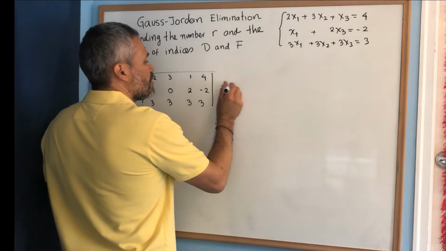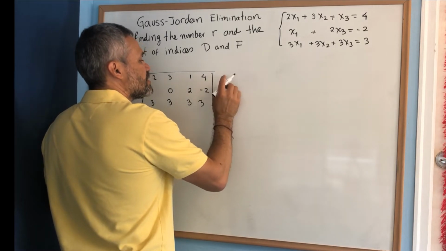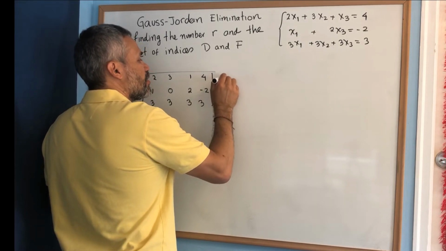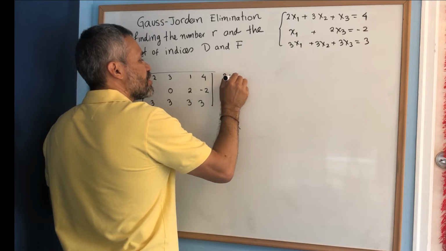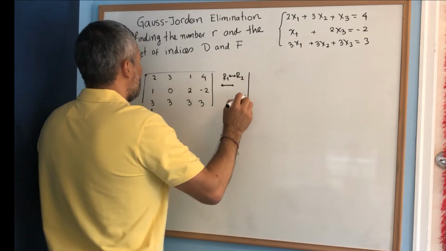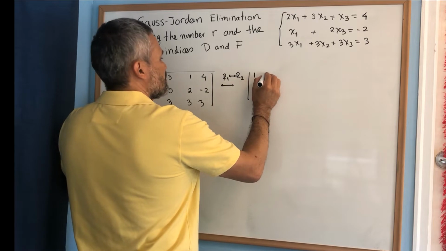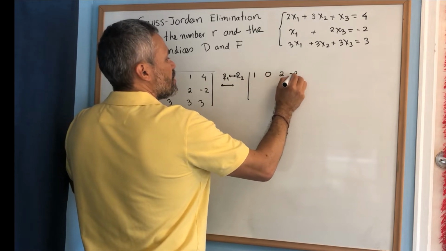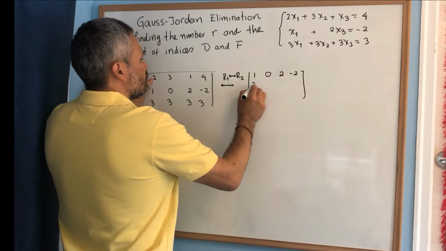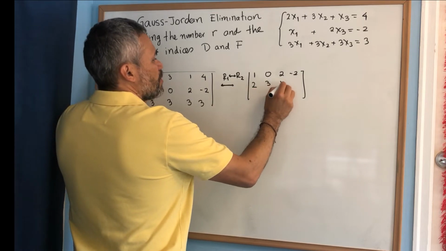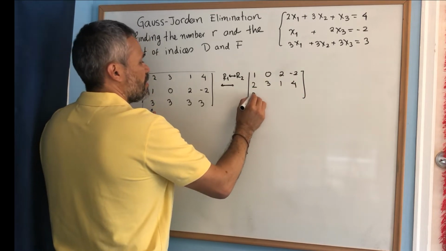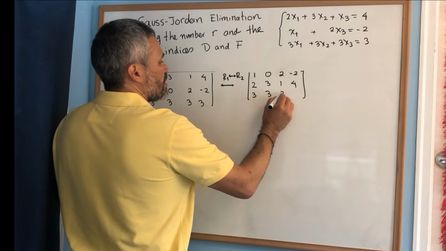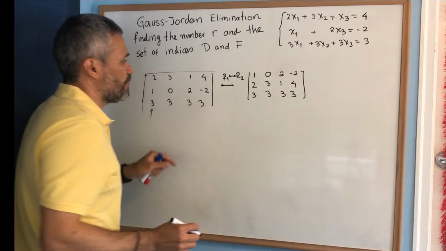The notation is row 1 is interchanged with row 2, and then we get 1 0 2 negative 2, 2, 3, 1, 4, 3, 3, 3, and 3.